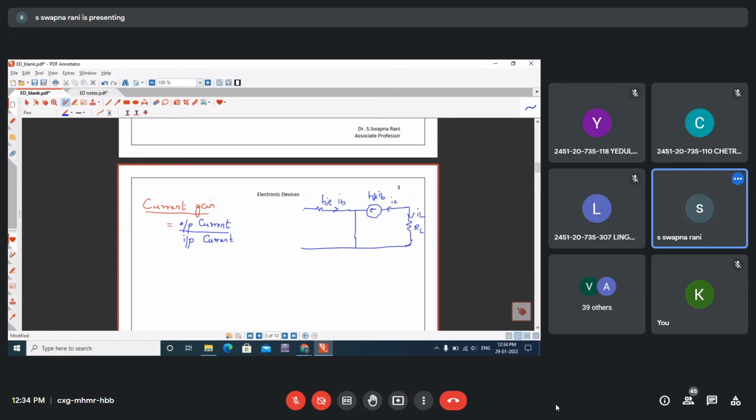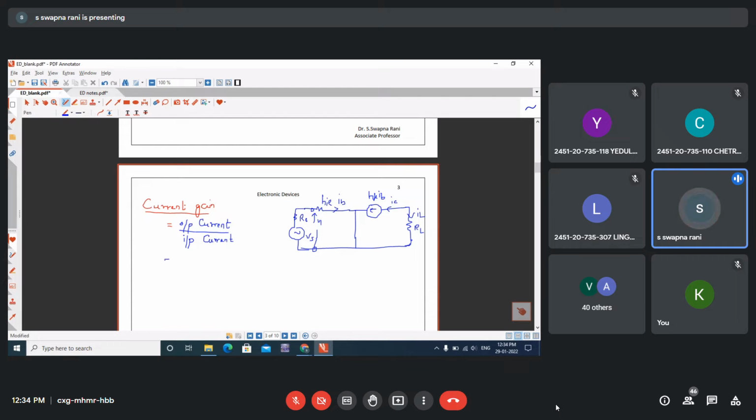I don't know whether you are drawing or not. VS, RS. And this voltage is V1. Before connecting the source, the voltage available at the input terminals of the transistor is V1.